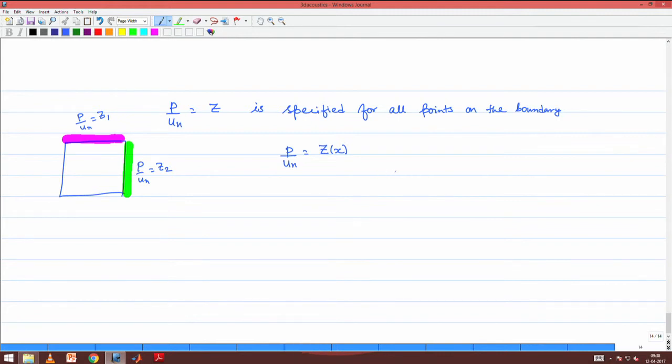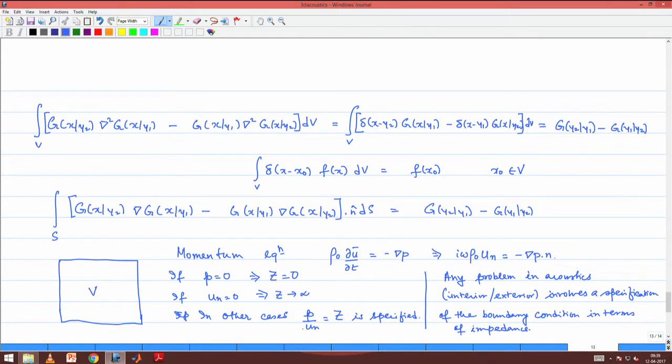So, the point is u n therefore will be P by z of x, z as a function of x, and u n in turn we have seen is given by gradient of p dot n divided by i omega rho 0.